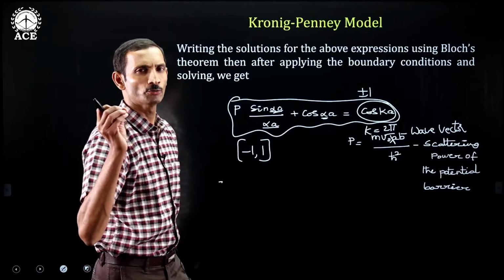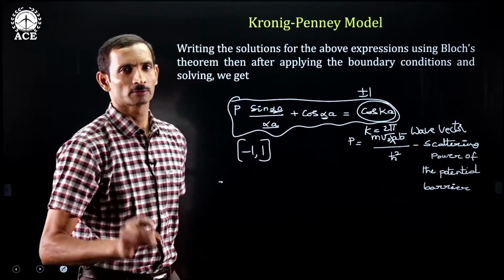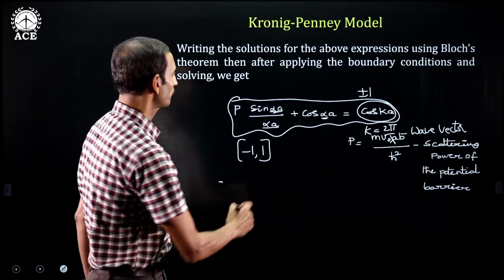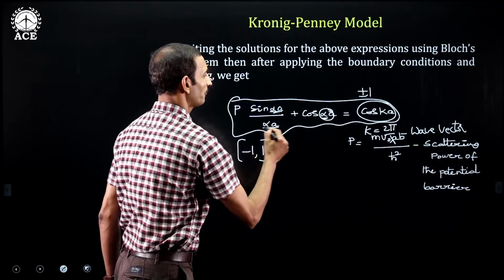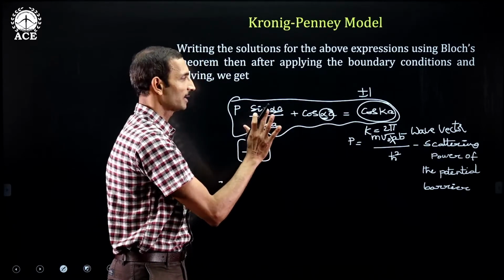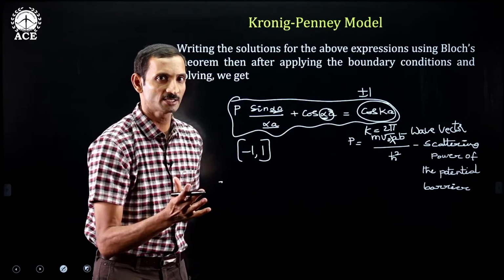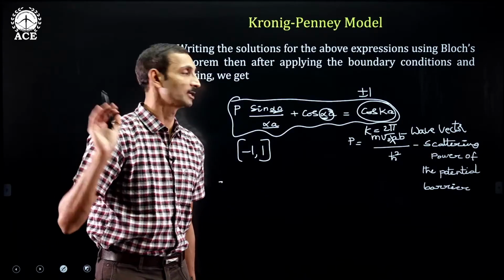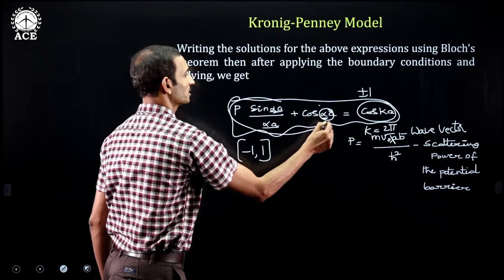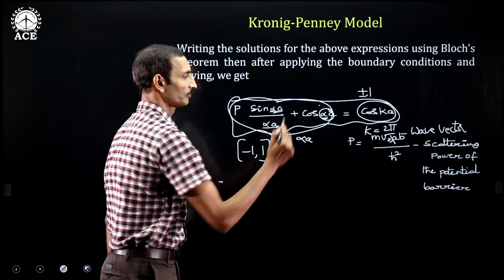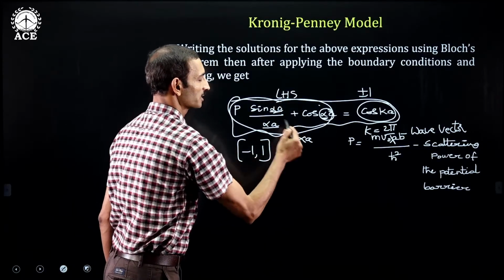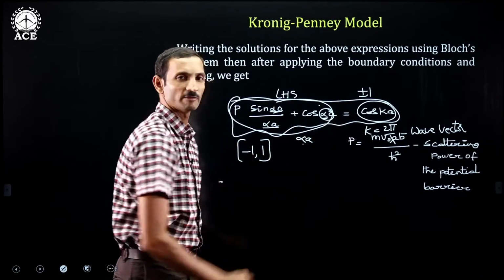Whatever values you give to Ka, cos values cannot exceed either minus 1 or plus 1. Therefore, if you vary alpha a on the left hand side, it should be between minus 1 and plus 1 only. If it exceeds, that should not be considered. Let us see what would happen if we consider the variation of this entire LHS with alpha a. LHS means left hand side. This is the right hand side anyway, right?